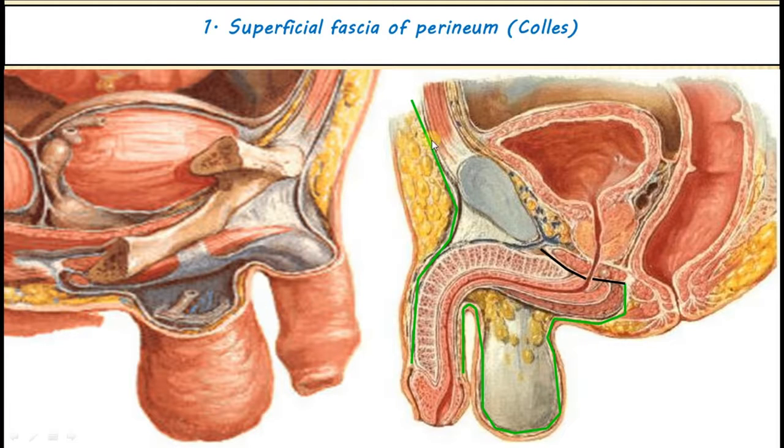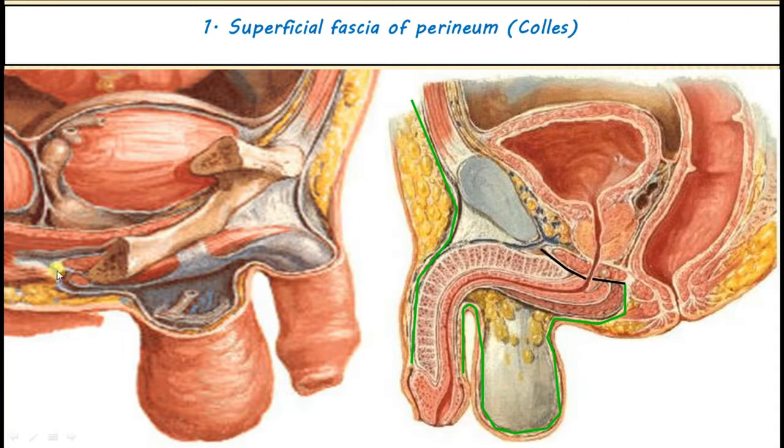So between these two is the superficial inguinal space. Anteriorly, this perineal pouch communicates with the superficial inguinal space of the anterior abdominal wall.